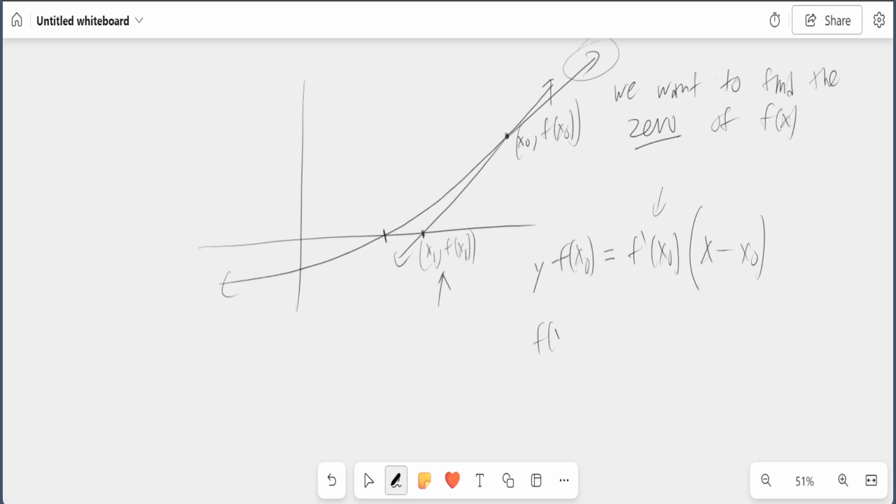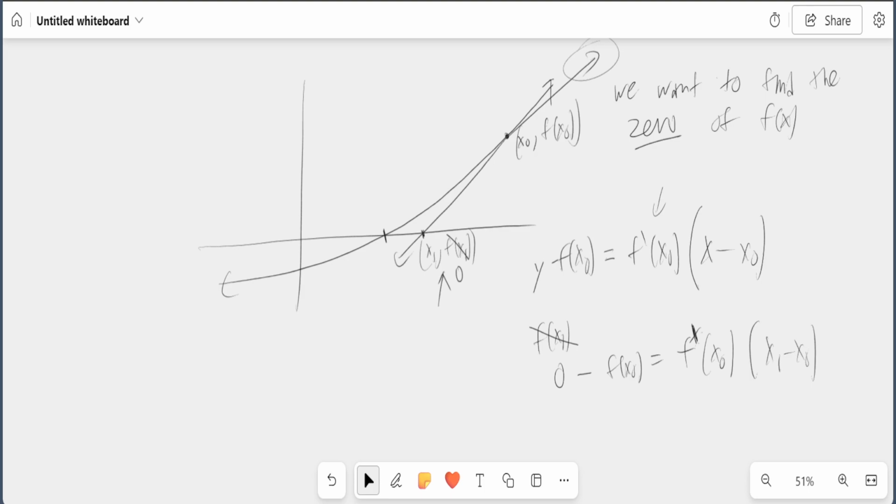So f of x1, which is 0 by the way, minus f of x0 is equal to f prime of x0 times x1 minus x0.